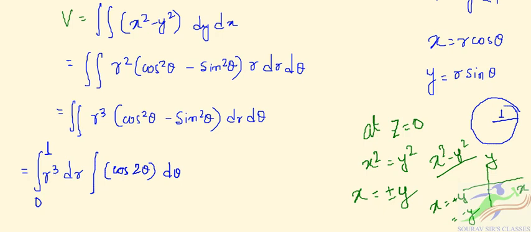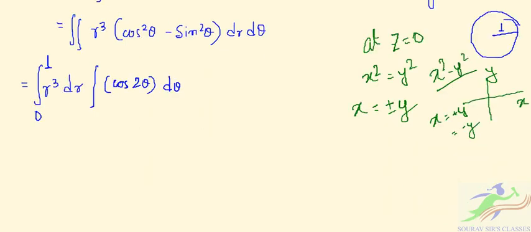Now if we want to find the upper limit, we can also do it from here. Suppose x equal to y, now we have to find the angle. So if we take dy dx, that will be equal to 1, equal to tan theta.